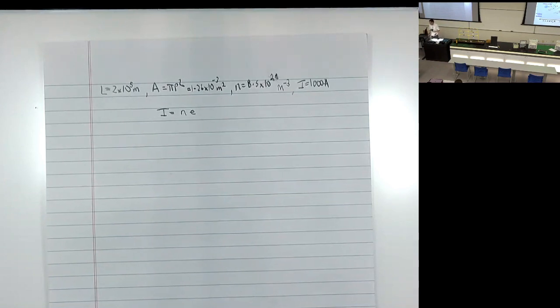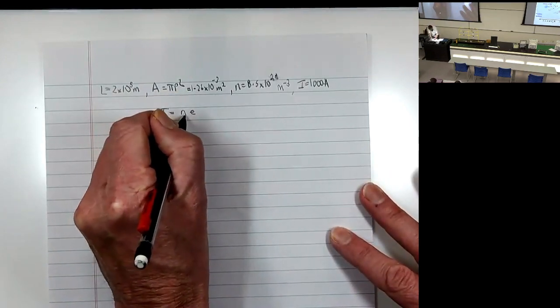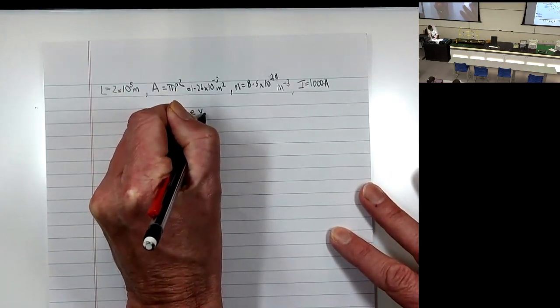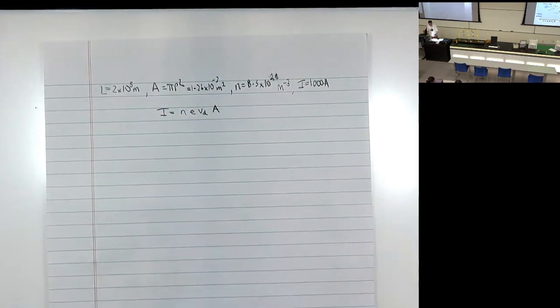Okay, I'm going back to this equation. I equals NEV subscript D times A. On the left-hand side, electrical current, the notion of electrical current as flow of charge. On the right-hand side, our understanding in terms of individual electrons streaming down the wire with some drift velocity, and some number of them, some swarm of them.